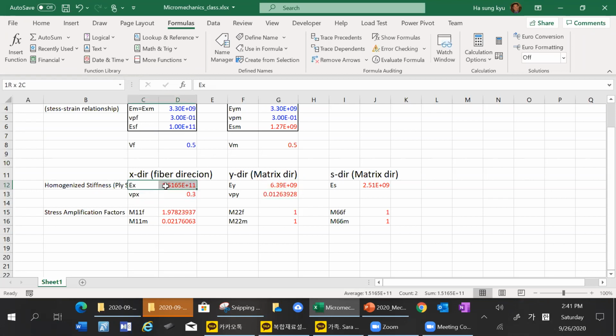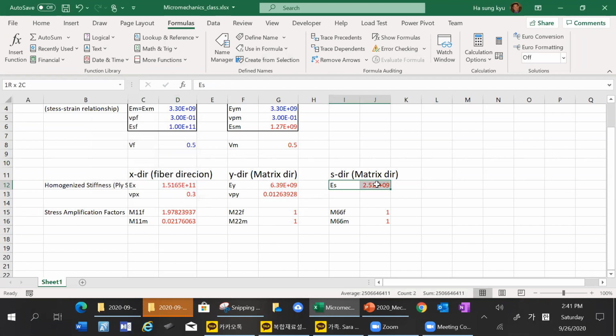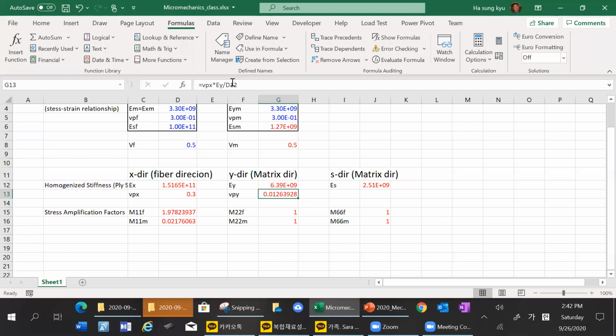Oops, we didn't have a name here. Okay, so this is how we calculate y-directional Poisson's ratio.